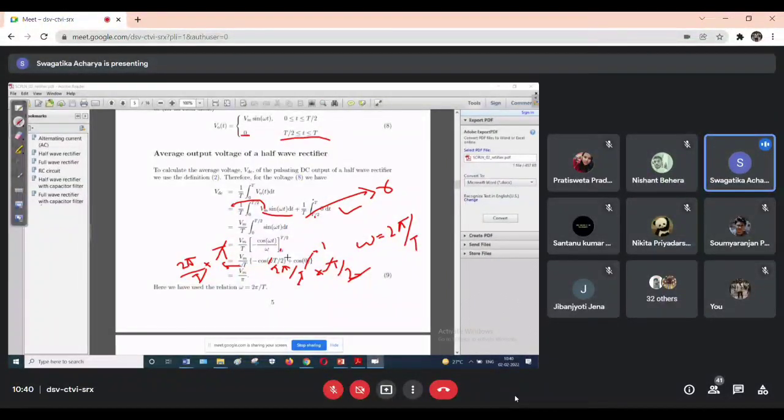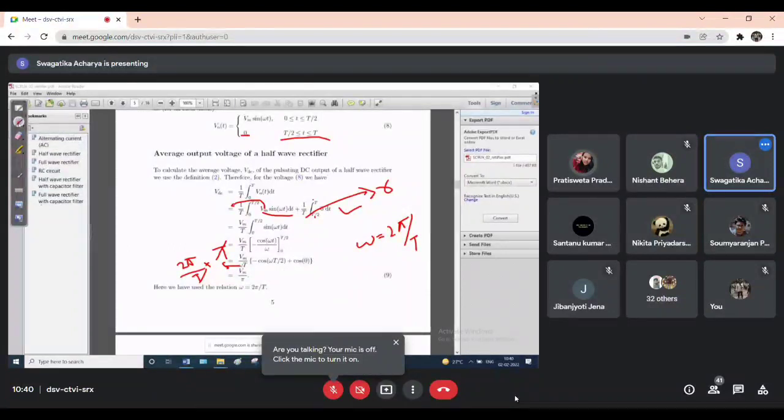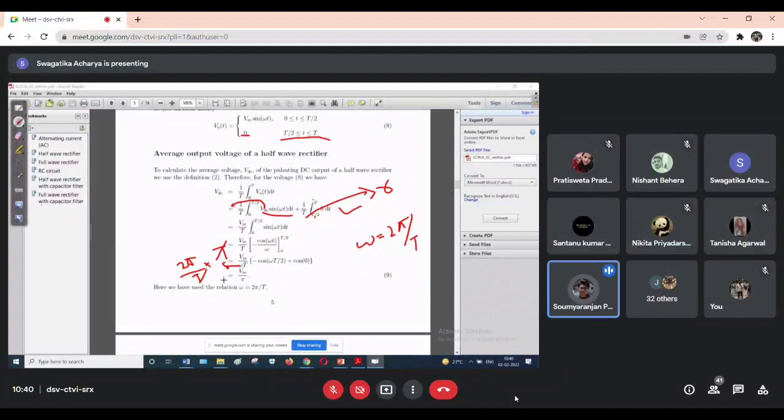What value do you get? Total inside the bracket, how much value do you get? You will get 2, right? So here it is 2 and here it is already 2, so the 2s cancel out.